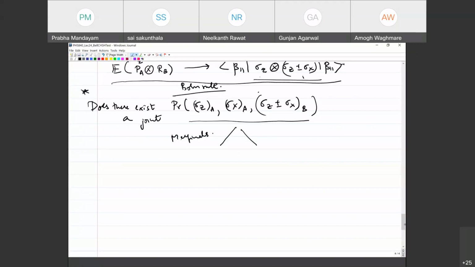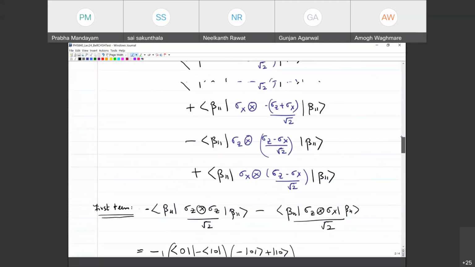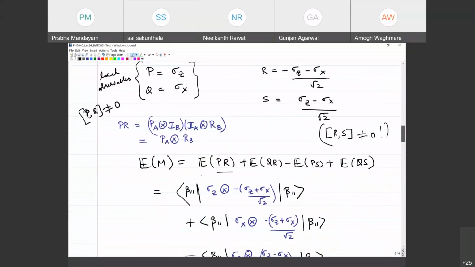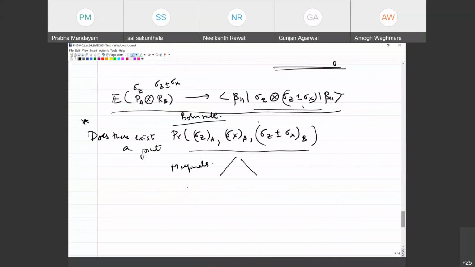But to constrain the value of M, this M observable, what did we need? We needed to have a joint distribution over which we could sum this entire function. So that kind of joint distribution does not exist, such that the marginal should give me the correct probability distribution for sigma Z, the correct probability distribution for sigma X, and the correct probability distribution for Z plus minus X in B. This cannot happen.